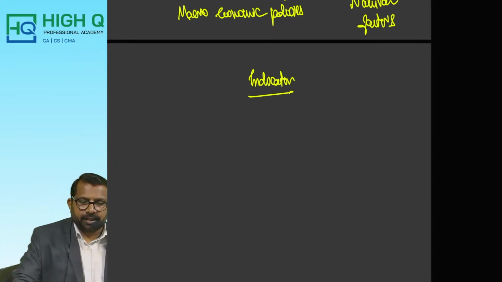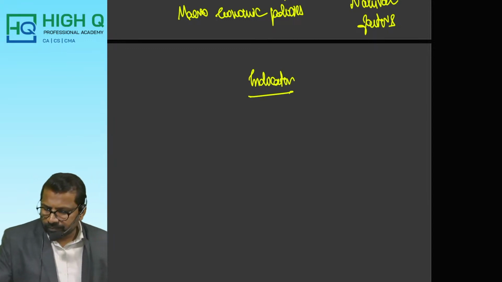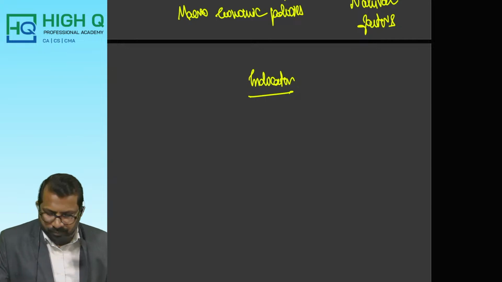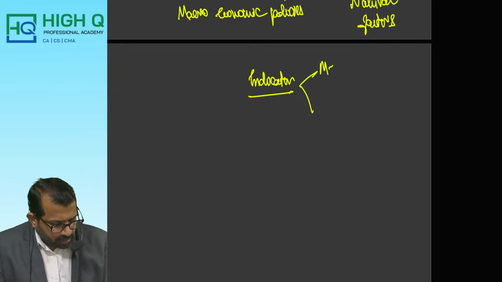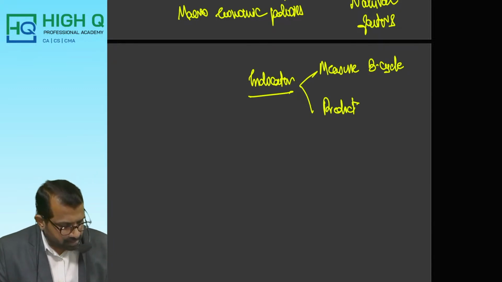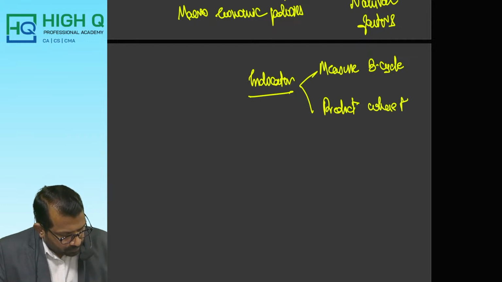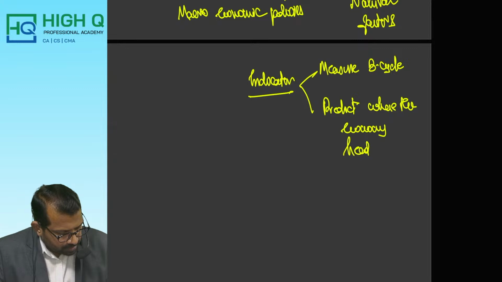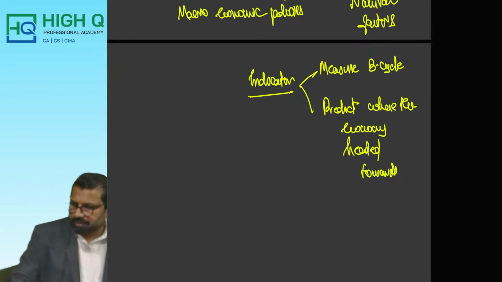Now indicators. Point number 1, they measure the business cycle as well as predict where the economy is headed.